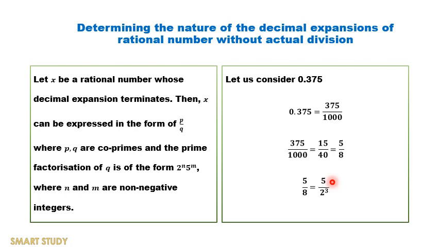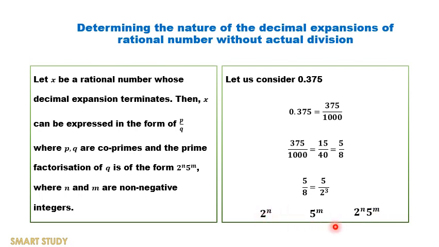This 8 you can express as 2 cube, so 5 by 8 you can write as 5 by 2 cube. So the denominator is expressed as 2 raised to n, here n is 3. So the denominator can be expressed in the form 2 raised to n into 5 raised to m.